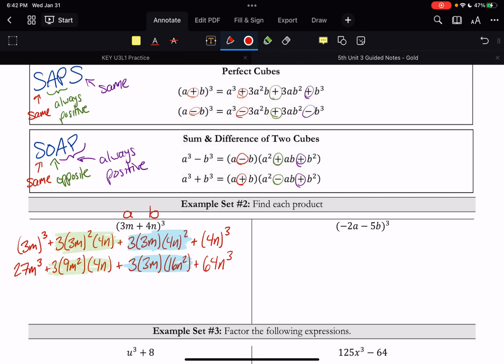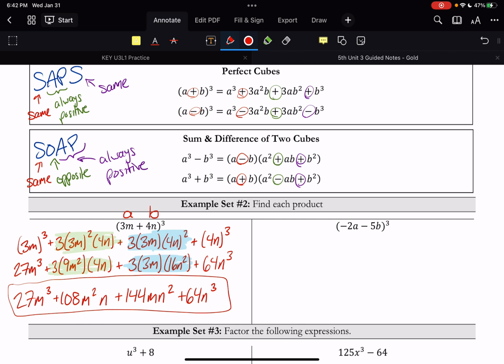So when I multiply all this out, I get 27m cubed plus 3 times 9m squared times 4n gets me 108 m squared n plus 3 times 3m times 16n gets me 144 mn squared plus 64n cubed. And there's nothing to combine because I have no like terms, so this is fully multiplied out.